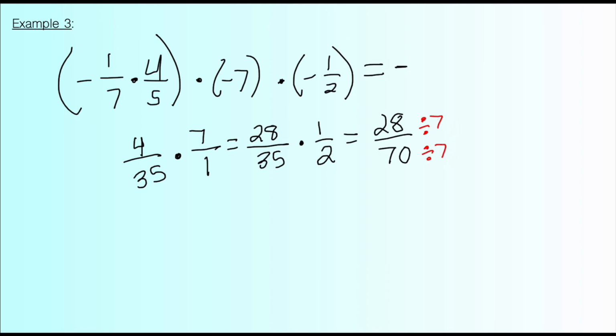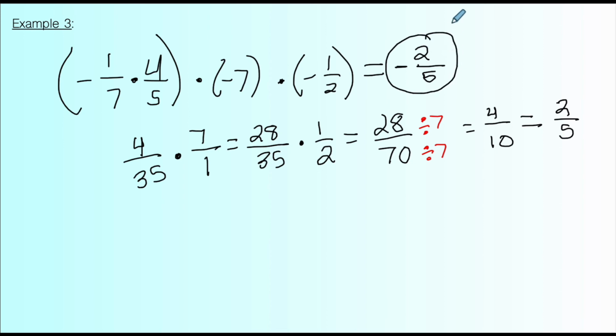So 28 divided by 7 is 4. 70 divided by 7 is 10, and 4/10 can be divided by 2, and that will end up with 2/5 as your final answer. Now, I had already done the work and found out that my final answer was going to be negative, so negative 2/5 is your best possible simplified final answer.